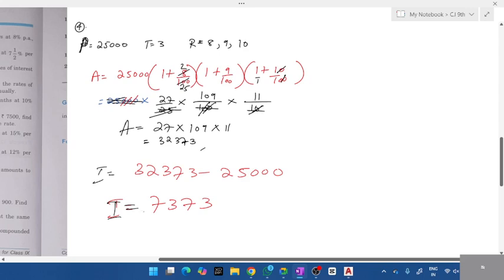Complete it till here. I'll tell you the difference of when to use the formula and the normal method.